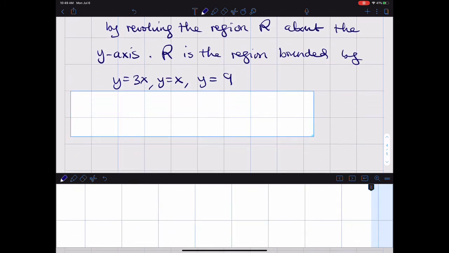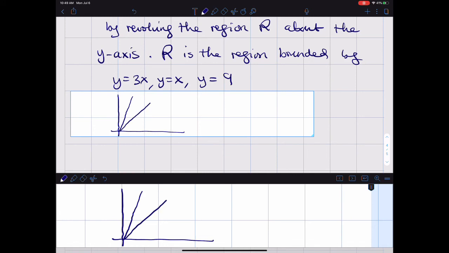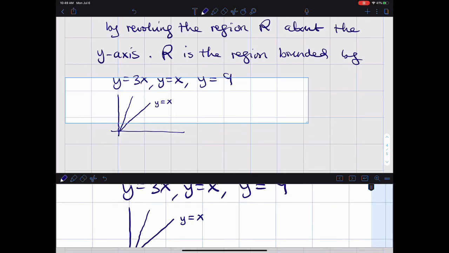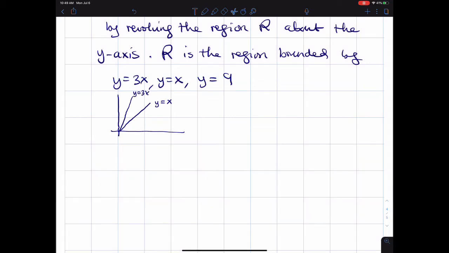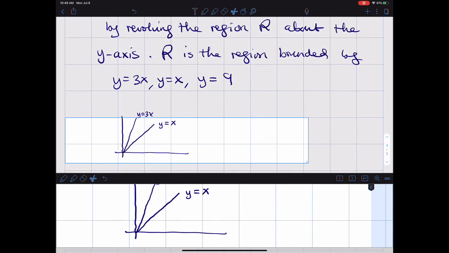I'm going to sketch it for you. This is y equals 3x. The slope is larger than y equals x. So y equals x, y equals 3x. And then you want to go to y equals 9.